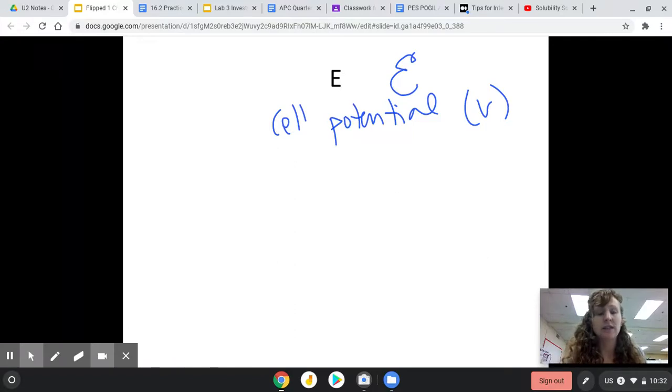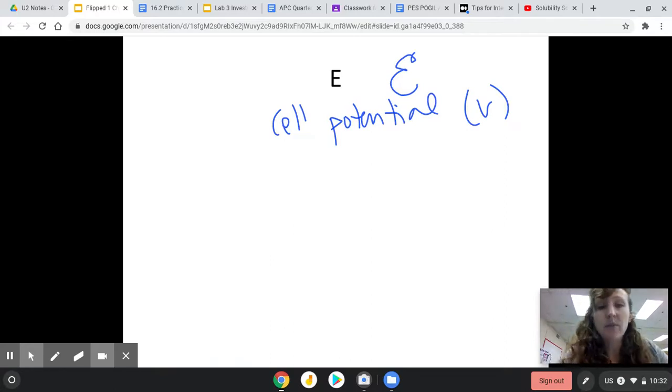These two things can never happen apart from one another. They always have to happen together. If you have oxidation happening, you will have reduction happening. If you have reduction happening, you'll have oxidation happening. If you have someone giving off electrons, you must have a place for those electrons to go. If you don't have anyone who's willing to accept electrons, you can't give away your electrons. They have to happen in tandem.